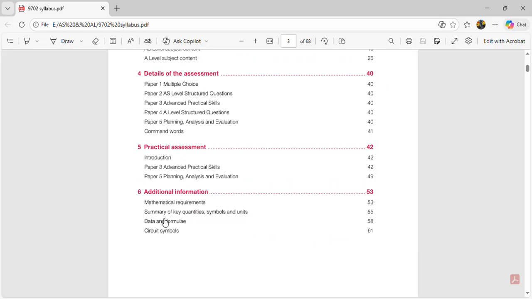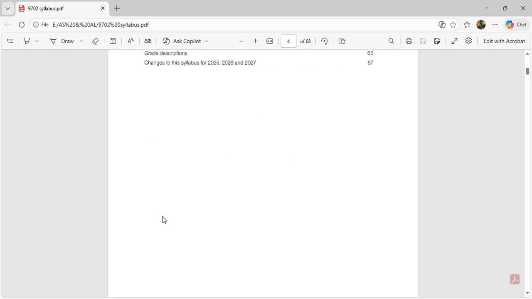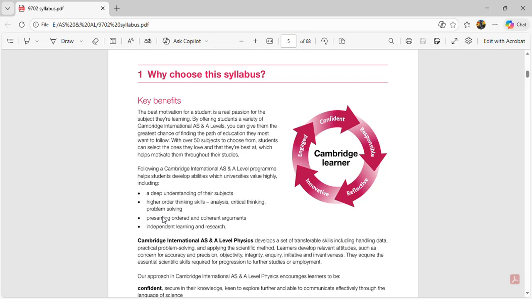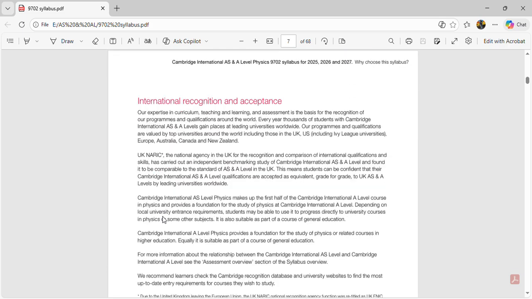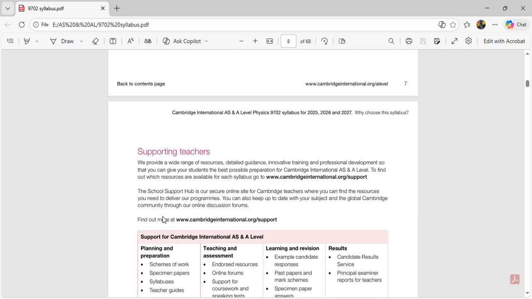It is a new syllabus because they have just updated it. This is International Cambridge.